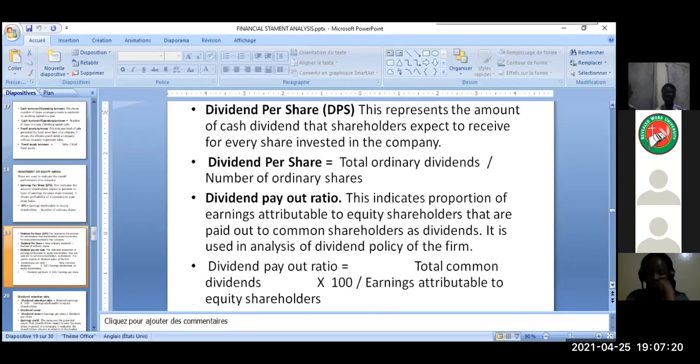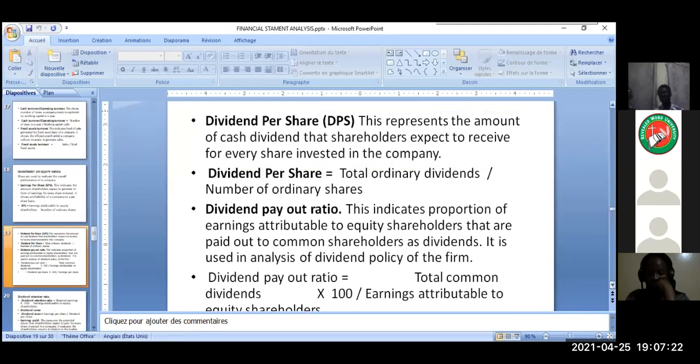Okay. Another element under investment ratio, we have dividend per share. This represents the amount of cash dividend that shareholders expect to receive for every share invested in the company.